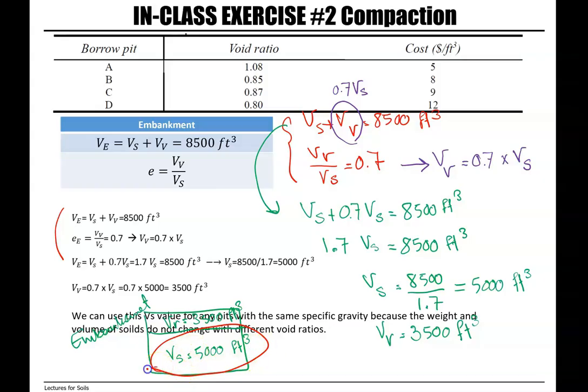In our embankment, we need 5,000 cubic feet of solids, which means that we need 5,000 cubic feet of solids from each one of these pits.